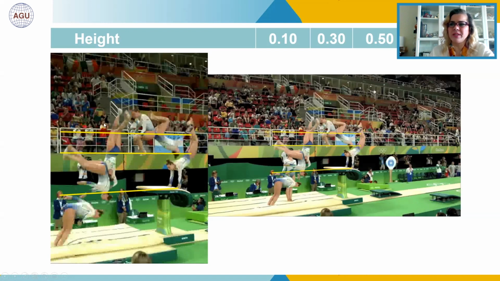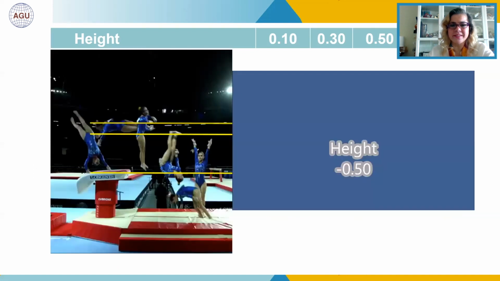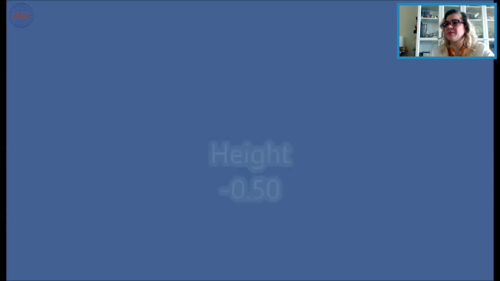And as I said in the beginning, the lower she gets, the more deduction. And that's why she received here 0.3. Let's see the last example about 0.5, the maximum deduction for the height in the second flight phase.